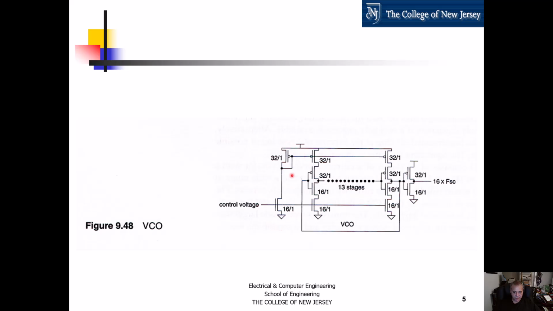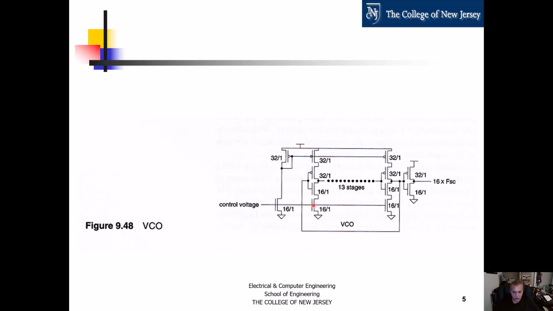That's the job of this circuit here. And then with that voltage, what we can do is vary the voltage at the gate of these transistors, and they become essentially voltage controlled resistors or variable resistors.